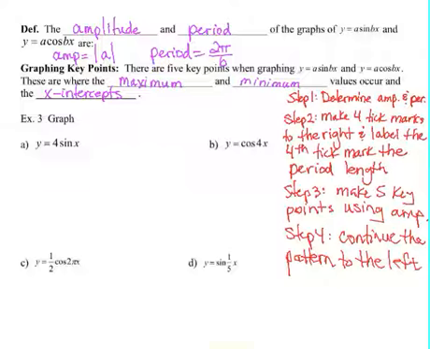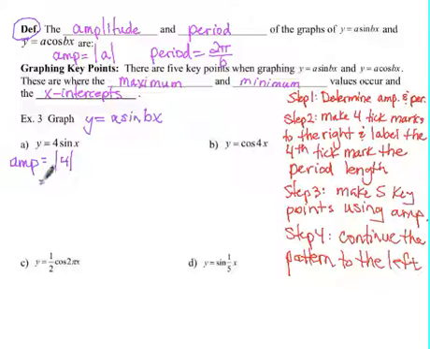All right, so as you do each of your graphs, I want you to make sure you're going through these steps, because if you keep going through the steps, you'll get them in your head. So here we go. If you want to find the amplitude, remember we're looking at y equals a sine bx, okay? That's what it says up in the definition above. The amplitude is the absolute value of a.